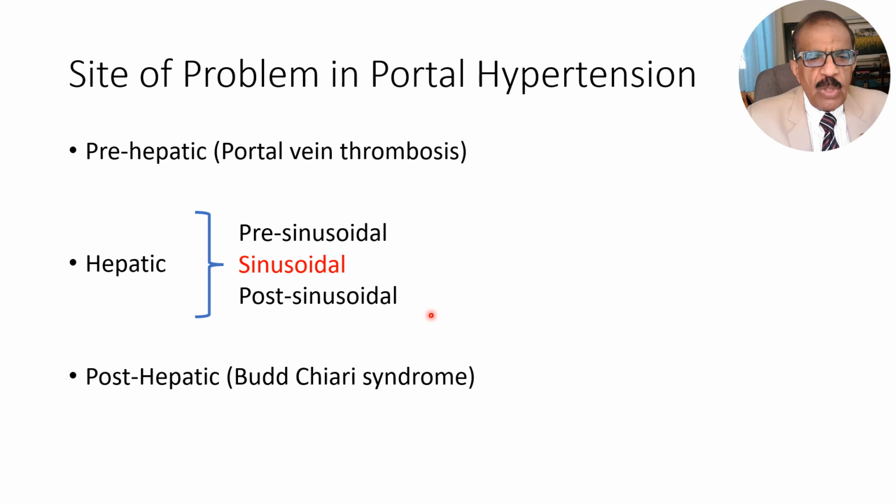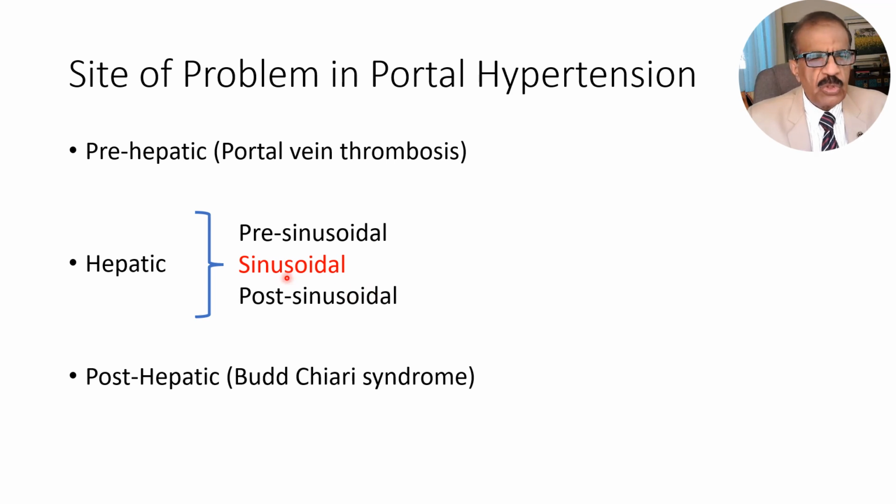Now, excluding these two, because this is not the subject of discussion today, in our case, it is the hepatic. Hepatic could be pre-sinusoidal or sinusoidal or post-sinusoidal, at least technically speaking. I think in chronic liver disease, it is actually a mix. So we will be talking about the sinusoidal because this would cause the combined features of all these.